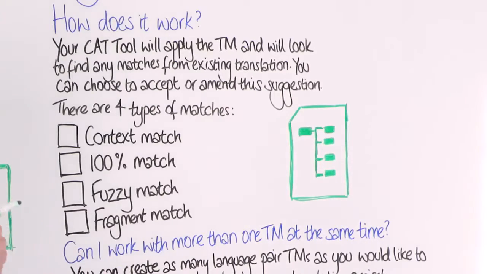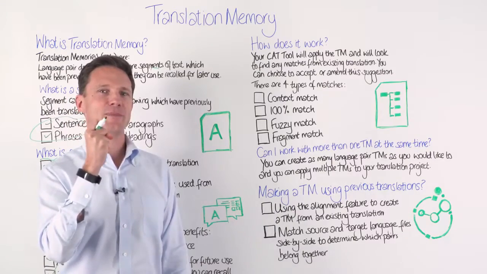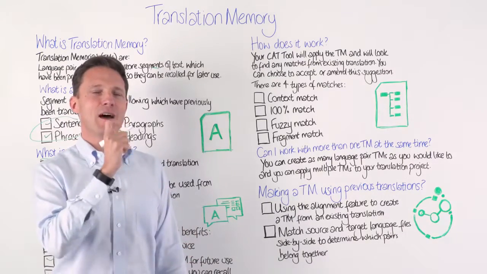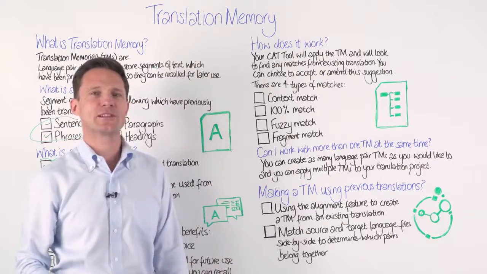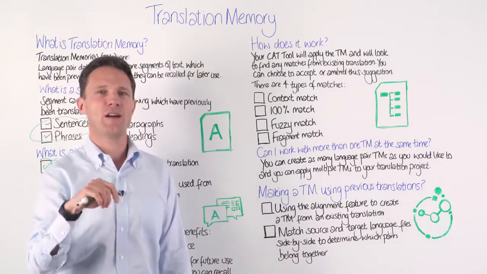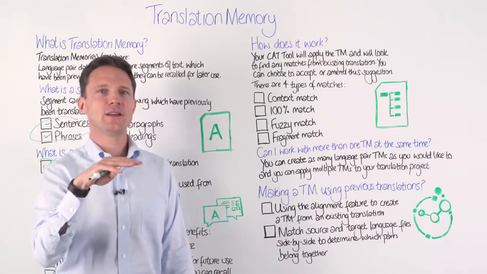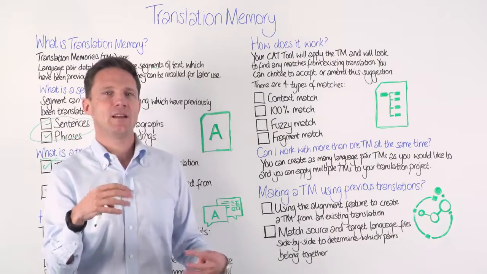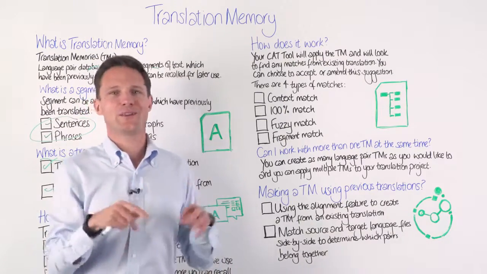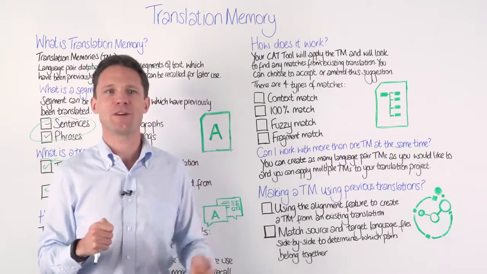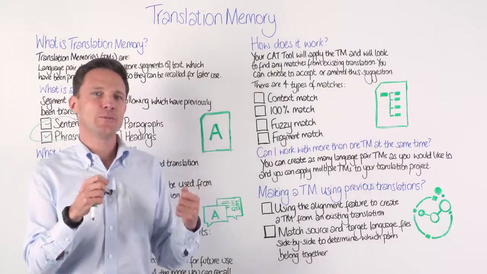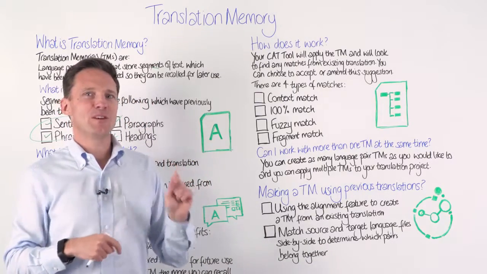So once you get your new text to translate, a CAT tool, and we have a video on a CAT tool, is going to look at your entire database, look at all those translation units, and try to find something that matches. And it happens instantly. It's very, very quick. So you're not sitting there waiting for the translation memory to find a translation. It's pretty much instant.